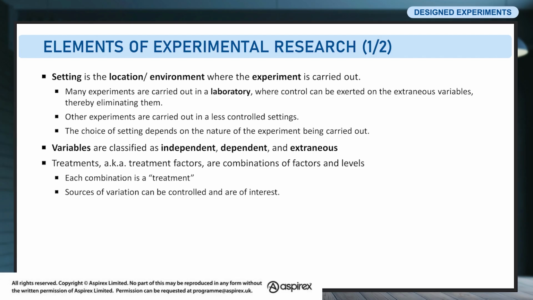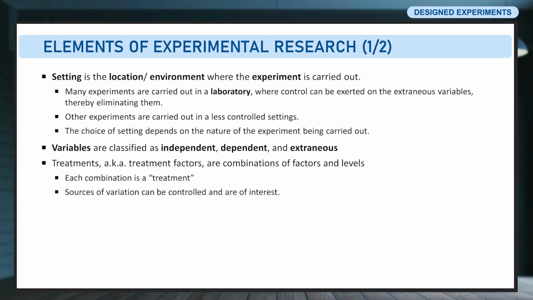Other experiments are carried out in less controlled settings, and this is the reality in Lean Six Sigma projects. The choice of setting depends on the nature of the experiment that is being carried out. In other words, the environment, the location, the surroundings depend on why we're conducting the experiment.